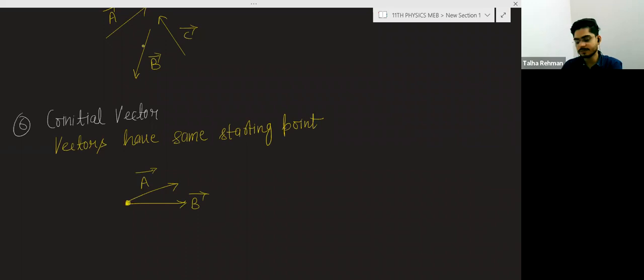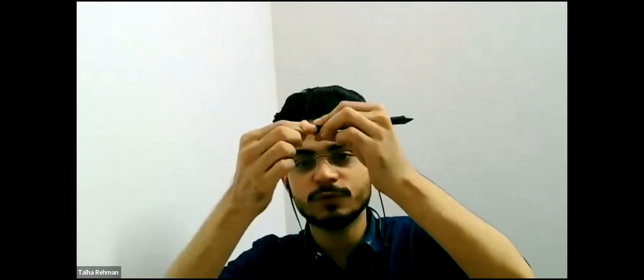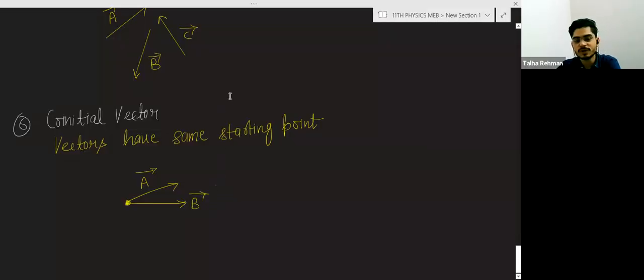In real life, suppose this is the point of this pen, and two forces are acting on this point, one force like this, another force like this. So this is an example of co-initial vectors. Force is also a vector.